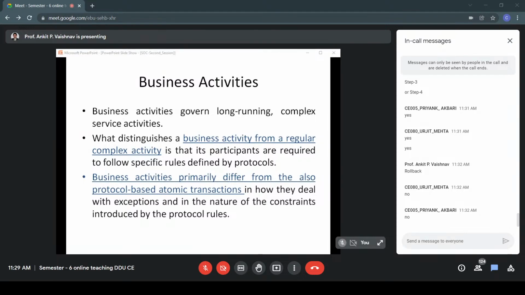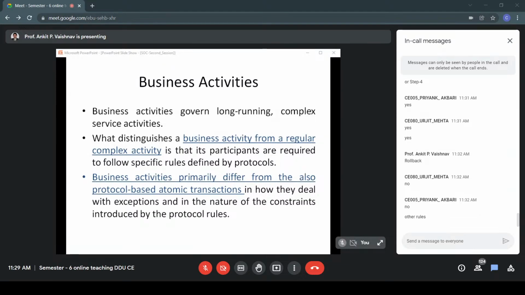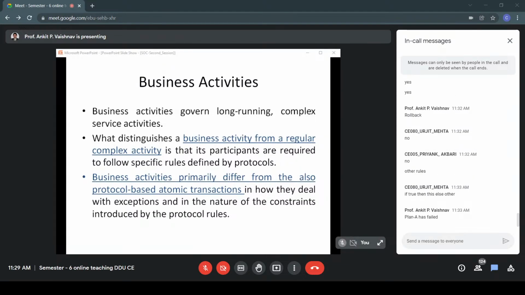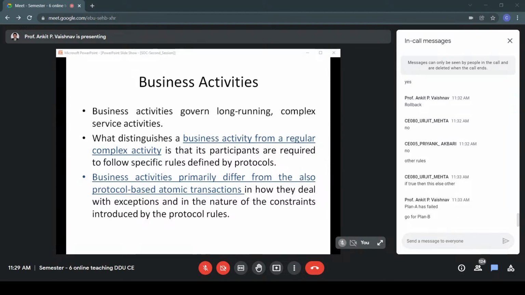If plan A, or you can say if condition A has failed, then you go for plan B. If plan B fails, you might have a backup plan as well. And finally, you will have an exception handling plan. So ideally, we don't roll back. Are you getting the difference?